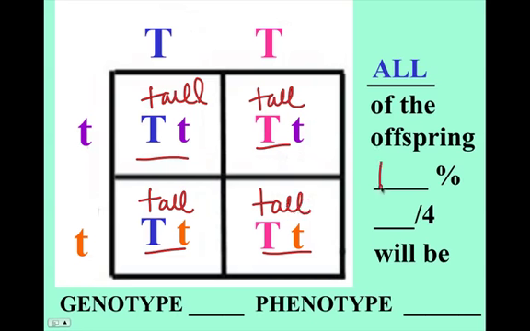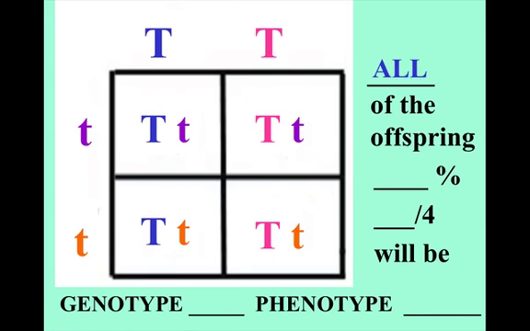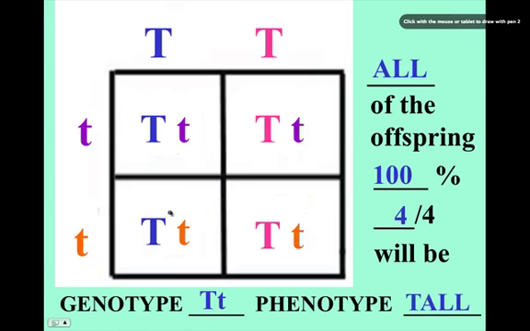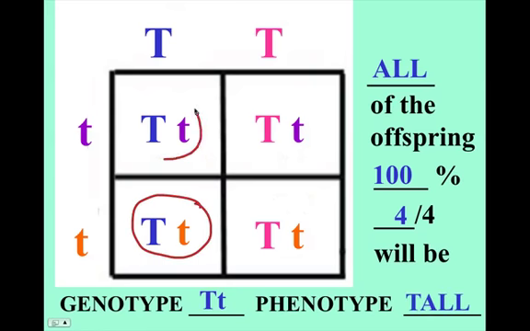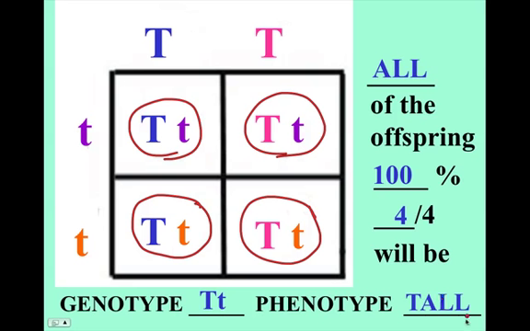All of the offspring, or 100%, four out of 4 will be tall. Big T, big T, little t for the genotype. And they're all tall. So 4 out of 4 will be tall.